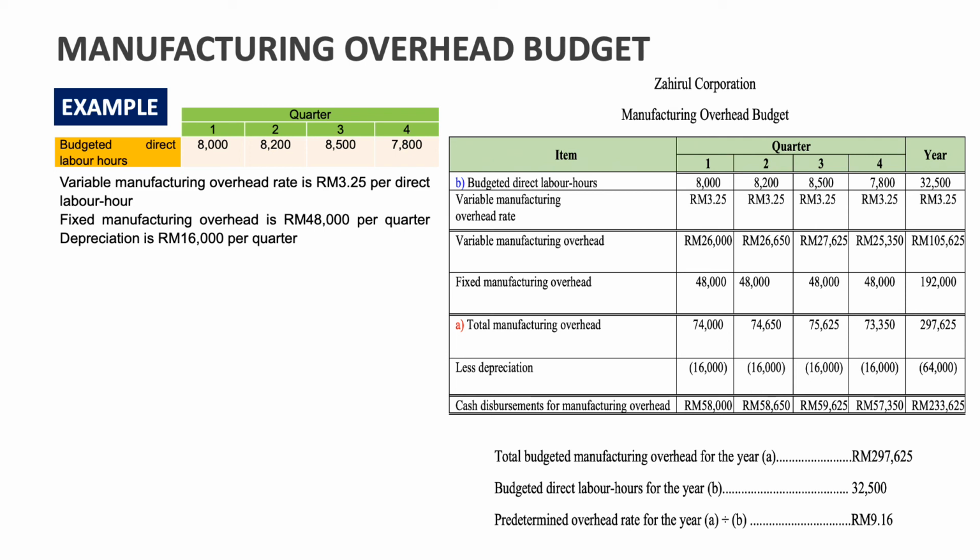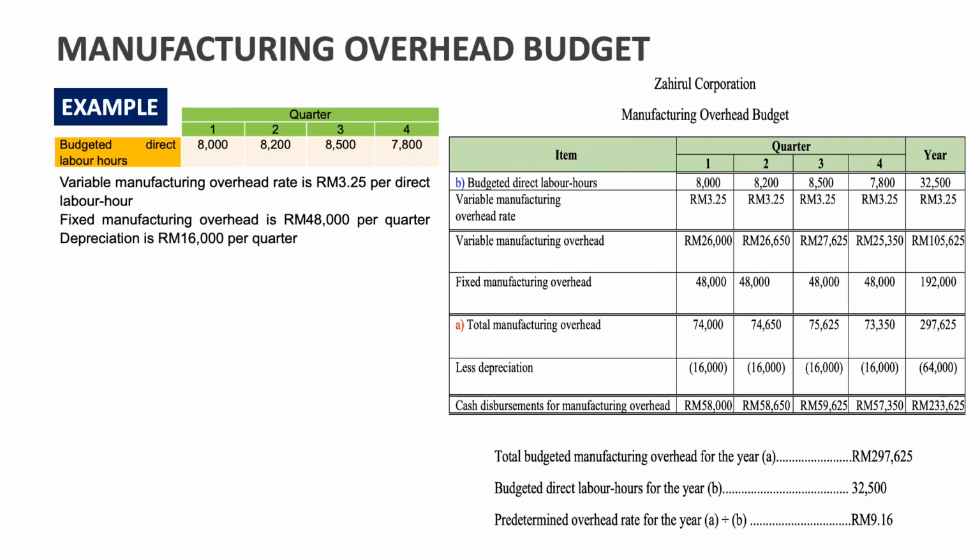So you will get different total variable manufacturing overhead according to quarter, but you will get the same amount of fixed manufacturing overhead throughout the quarters, 48,000 throughout. So then you will get the total manufacturing overhead by taking variable manufacturing overhead plus fixed manufacturing overhead. That will give you the total, and then you just minus the depreciation if you're given that information. That will give you the cash disbursement for manufacturing overhead.